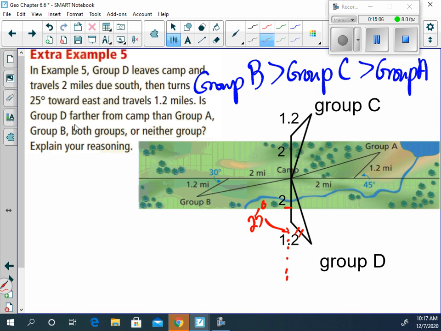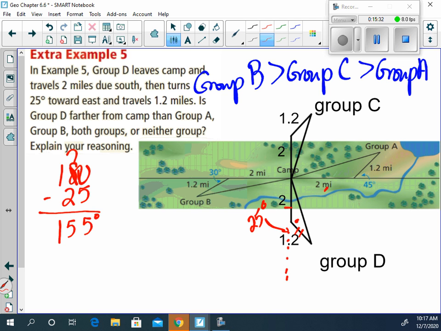So what do you guys think? Is this going to be bigger than any of these here or smaller? Well, that angle is smaller, yes? But I am still concerned about the angle inside of the triangle, yes? So to find it, I'm going to have to take 180 and subtract 25. 180 minus 25 gives me 155.